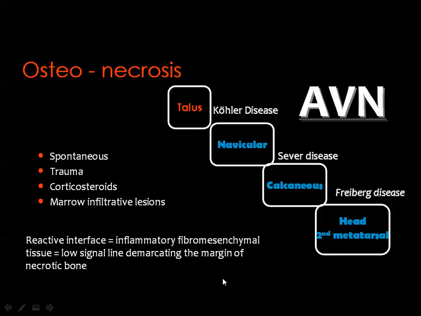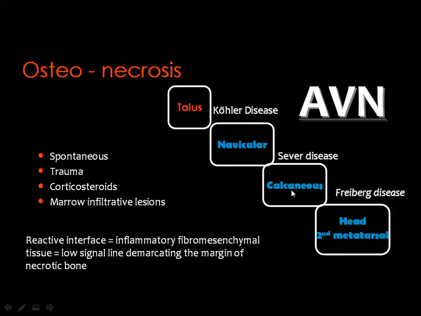Starting with avascular necrosis, which is a disease that affects a lot of the bones in the ankle and foot, particularly the talus. The affection of the navicular is known as Köhler disease.